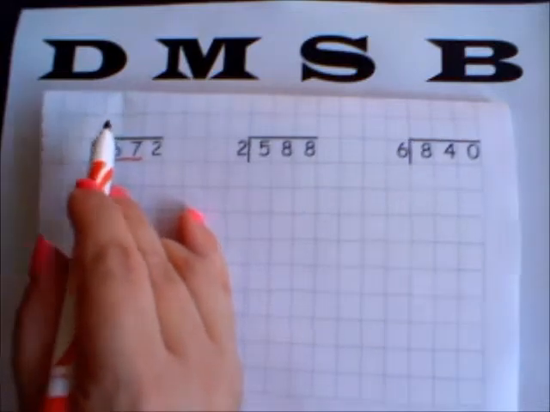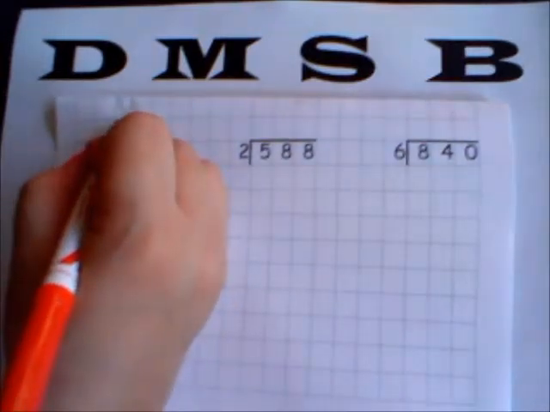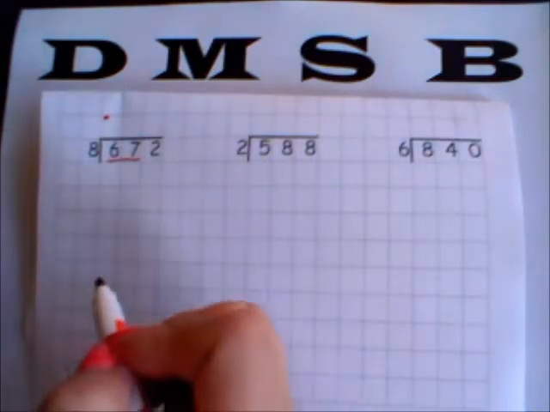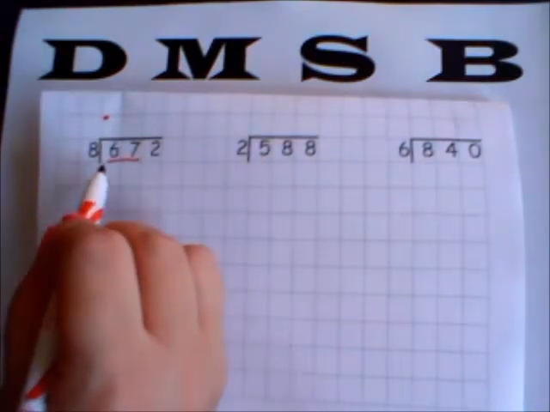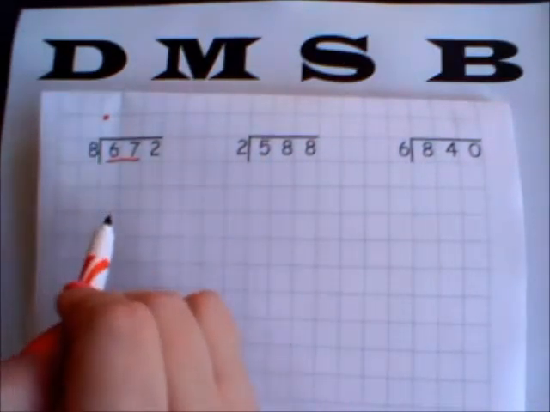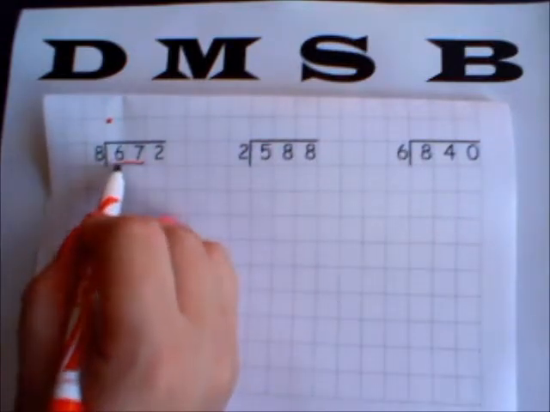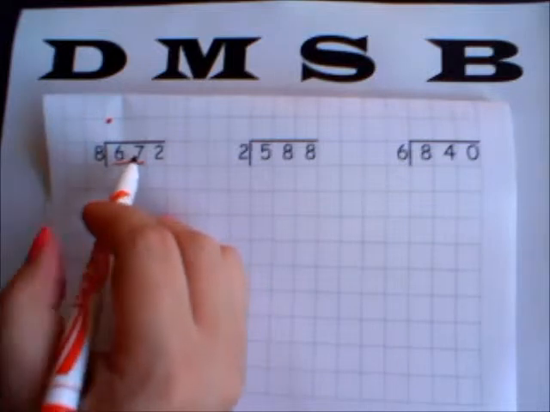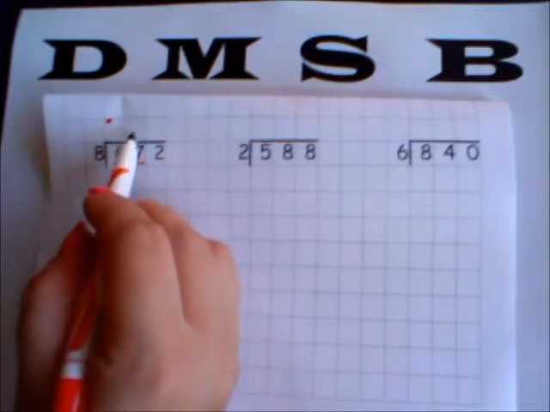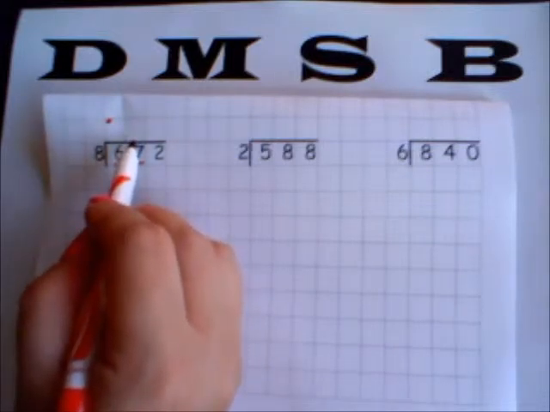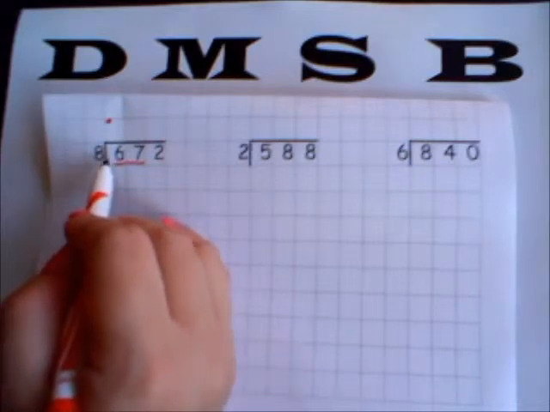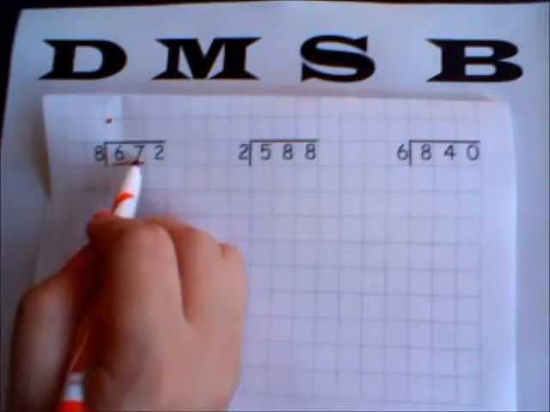So we're just going to put a little tiny 0 up there, so that we know that 8 goes into 6 0 times. So now we know that when we're looking at 67, we have to put our answer above the 7. So 8 goes into 67 how many times?